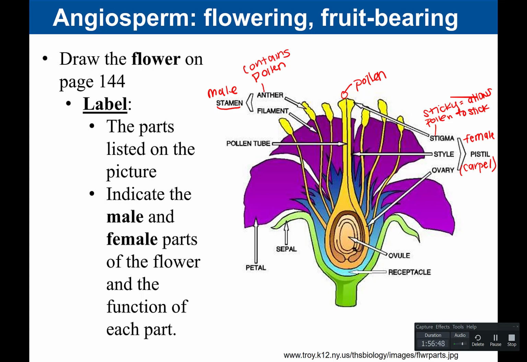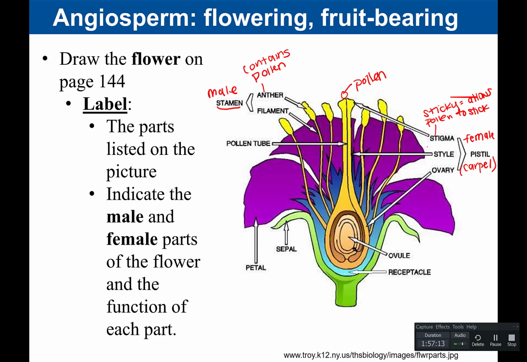And the ovary, think of female reproductive organ in humans, is also referred to as the ovary. And within the ovary, we have the ovule, which is the egg. So the pollen is haploid. The egg is haploid. The pollen is going to fertilize the egg, and then that fertilization is eventually going to result in the seed.